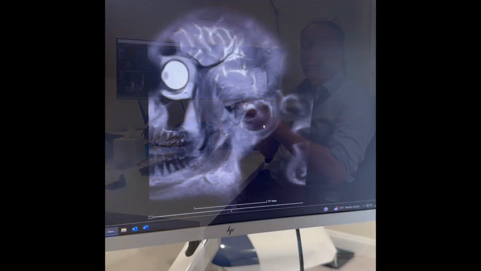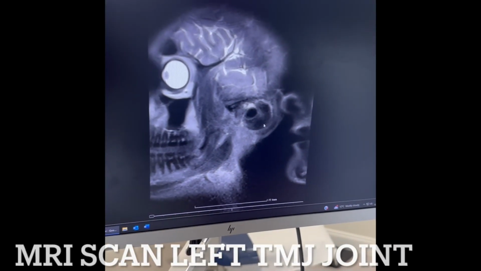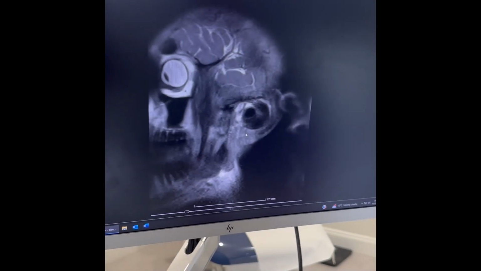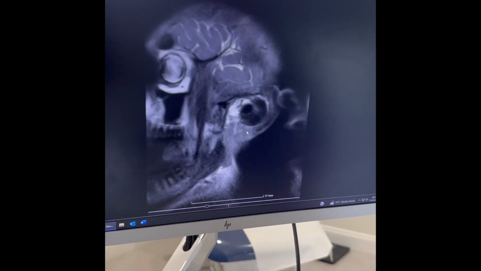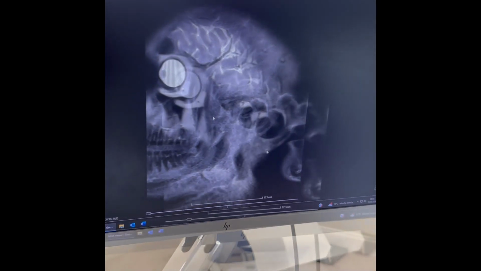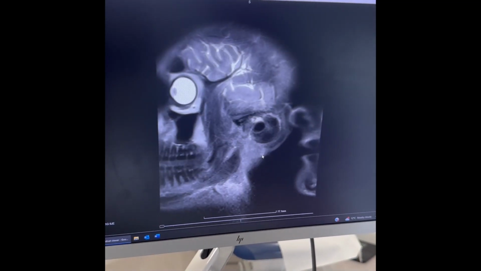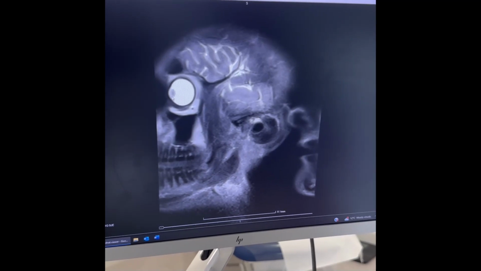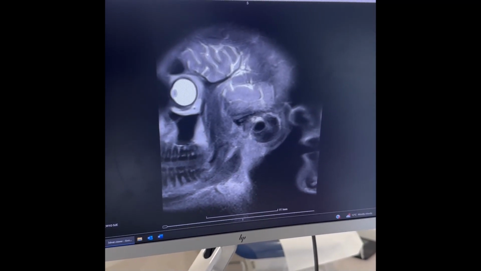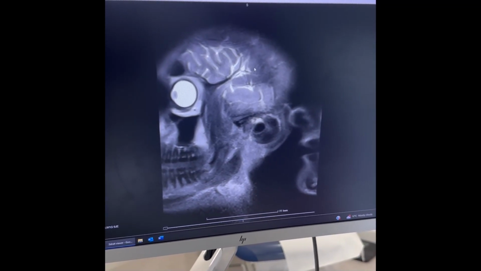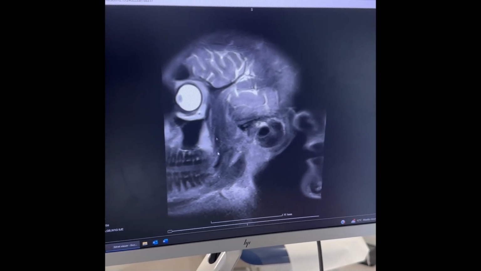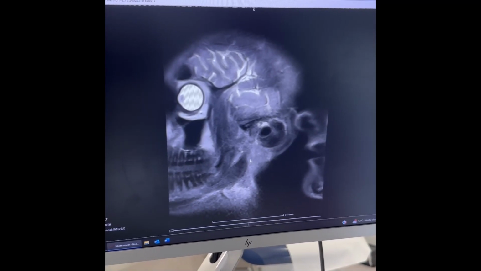This is a non-contrast MRI scan of the patient's left temporomandibular joint in open and closed. You can see it's a dynamic scan, so I can scroll and move the condyle. This is a T2 type scan where the watery parts show up bright.